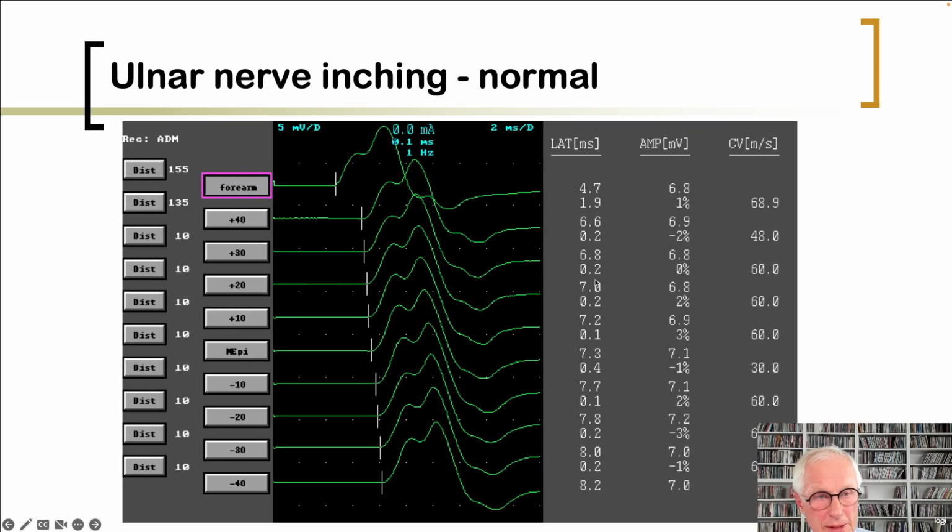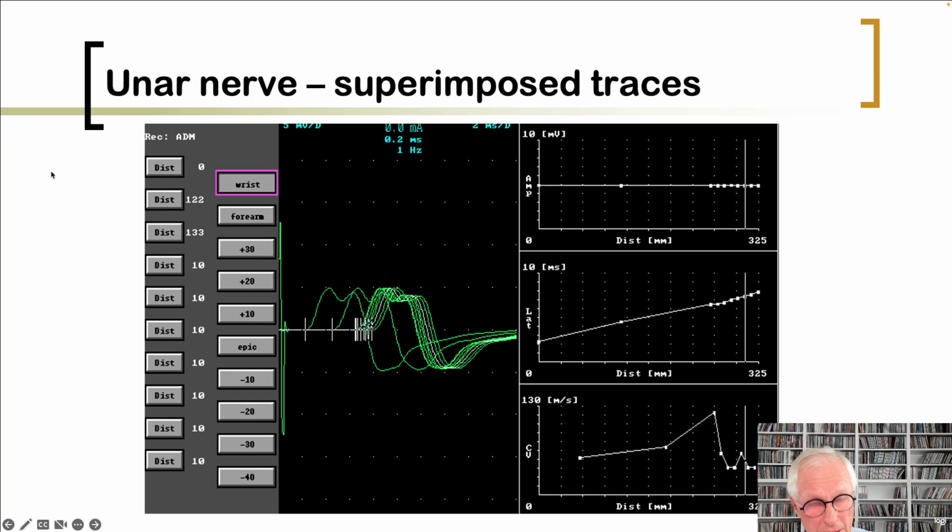And here you can see an example of inching when we are stimulating the nerve in 10 millimeter steps. You can see that the steps are very stable and increase linearly. If we superimpose these signals, you can see that the amplitude remains very nicely stable, and there's no prolongation of latencies across here.